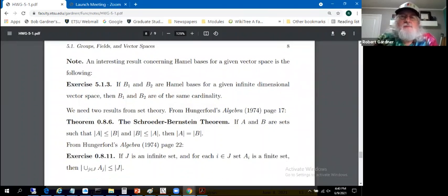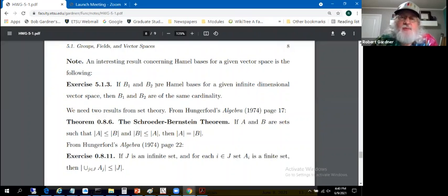Now, this next claim is quite similar to something we did earlier. Earlier, we showed that in a finite dimensional vector space, any two bases are the same size, the same cardinality. We're going to show that this holds in arbitrary vector spaces. What we're going to show is stated as an exercise in the Hong-Wang-Gardner book.